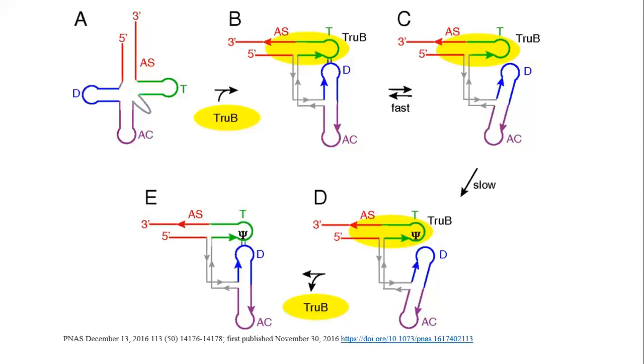And with the help of TrmB and this protein, this folding can be achieved. Sometimes it is a bidirectional process, and sometimes it is a unidirectional process, which is very slow. And after proper folding of the tRNA, the TrmB protein must be removed from the tRNA.